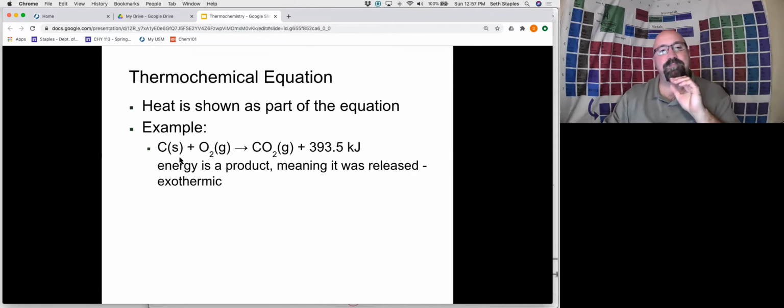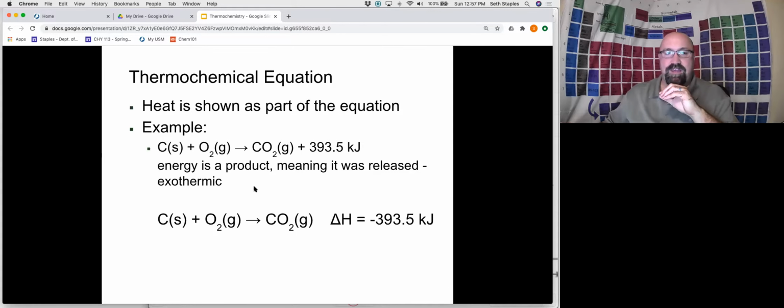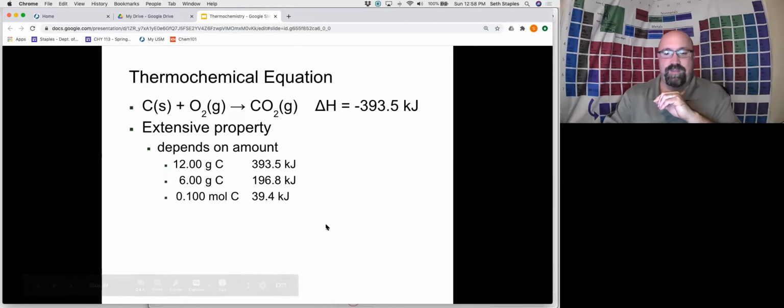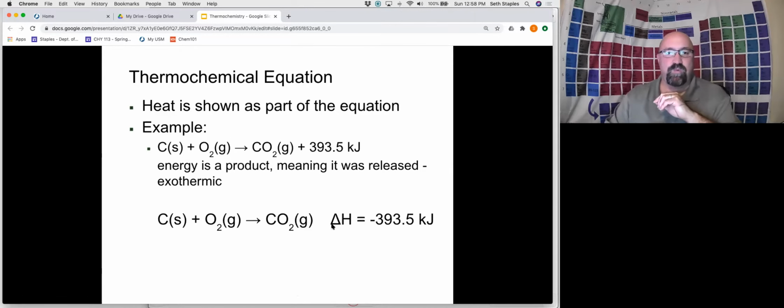Sometimes you might see it written like this, where we actually write in energy as a product or a reactant. More commonly, however, you'll see it written like this, where we have our equation for the process, our balanced chemical equation, and then we list what the delta H was. Now, in this case, we said it was exothermic.